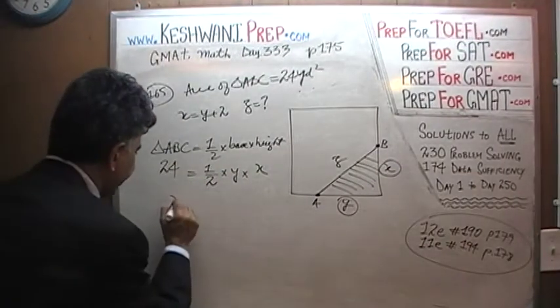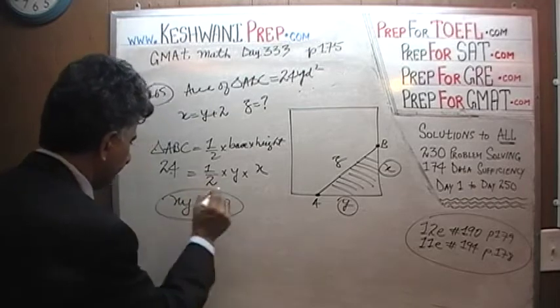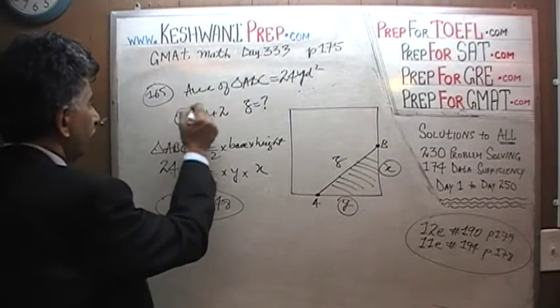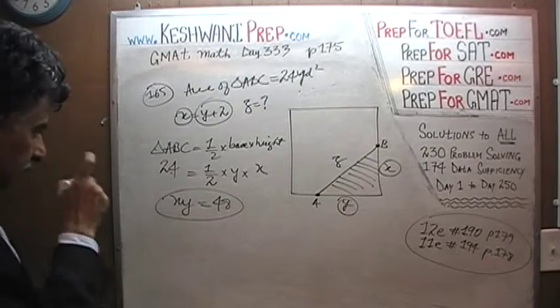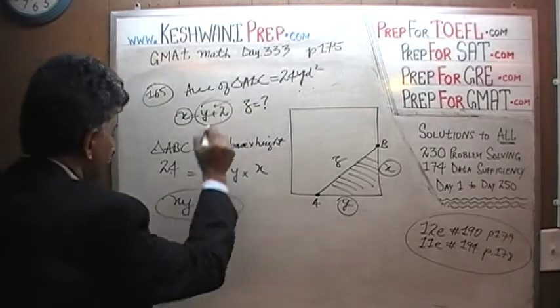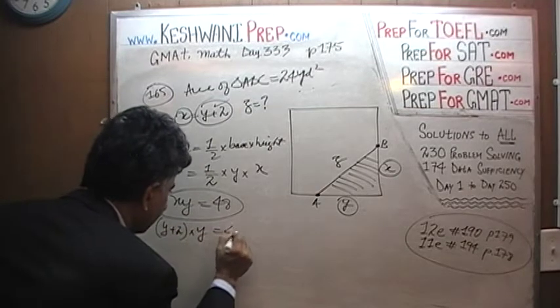That tells us that x times y has to be 2 times 24, which is 48. But we also know that x equals y plus 2. So let's put it in here. x equals y plus 2, substitute in here. y plus 2 times y equals 48.